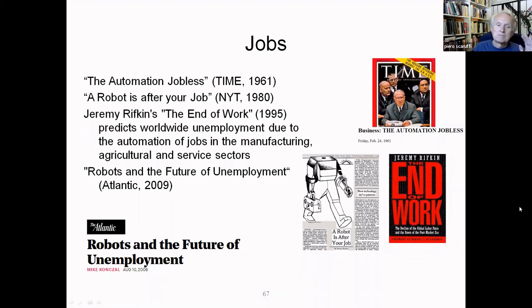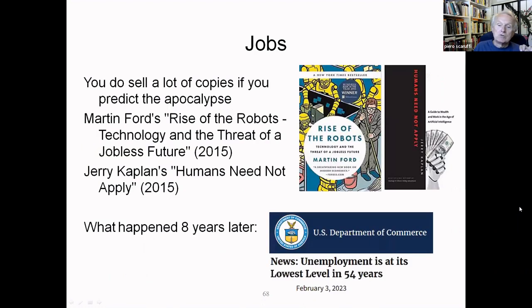And, you know, it's been on and on and on. These are the ones I found. Every time there is unemployment, machines are the first target. And lots of people have predicted massive unemployment and so on. And you do get rich.